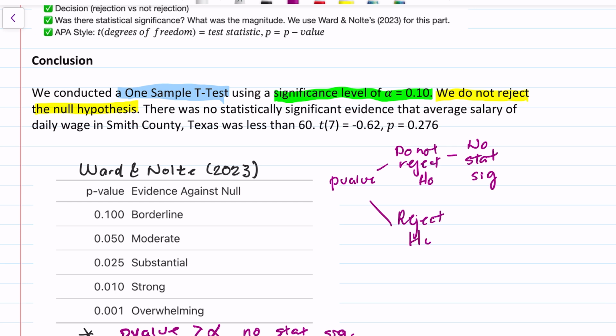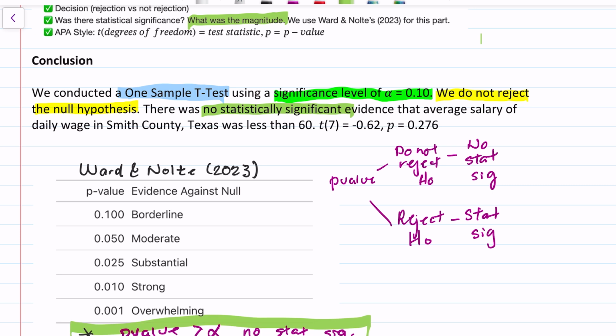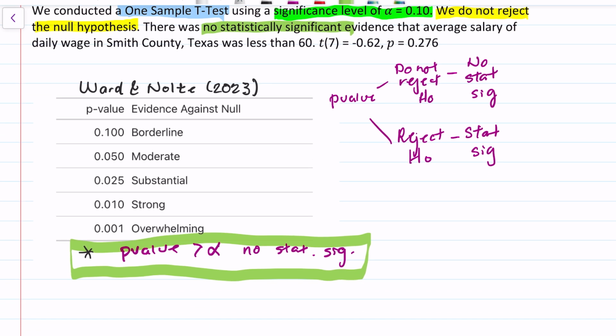If we had rejected, that means we would have had statistical significance. So in this case, there was no statistical significance. It's also asking about the magnitude. In this case, because our p-value is larger than the alpha, we just say there's no statistical significance. This table is in your notes, and it comes from this textbook.